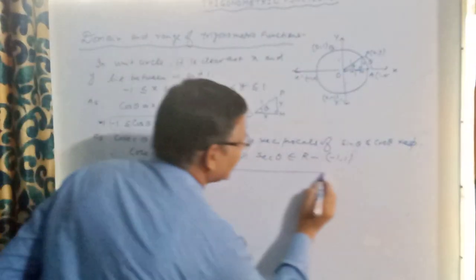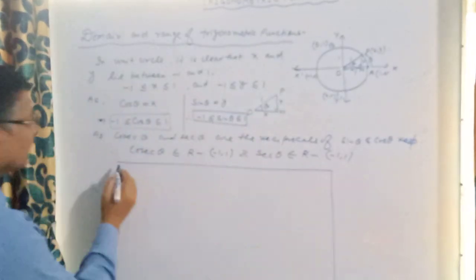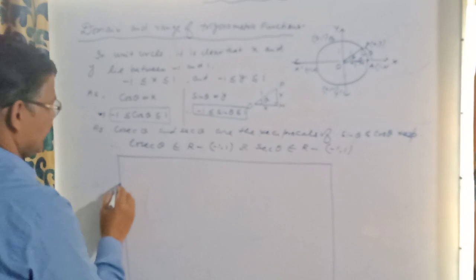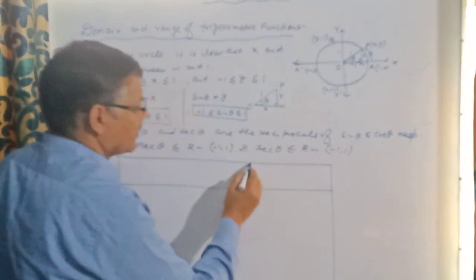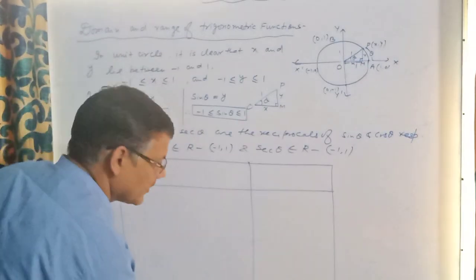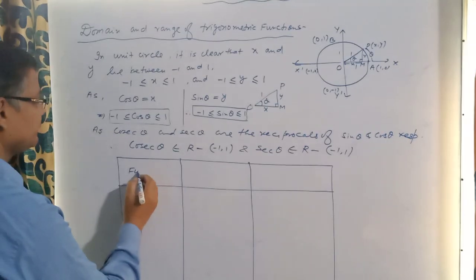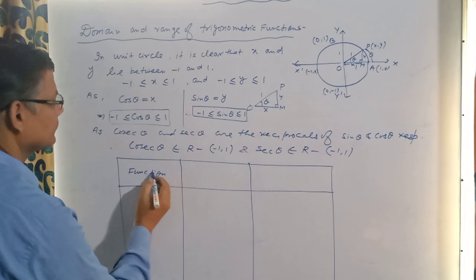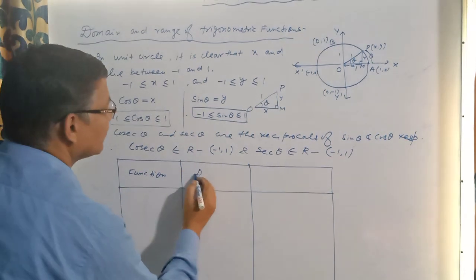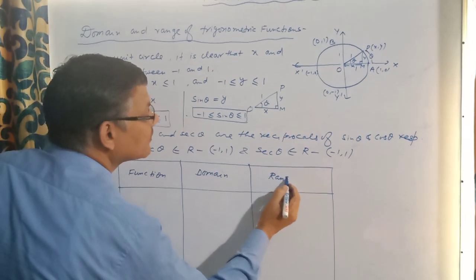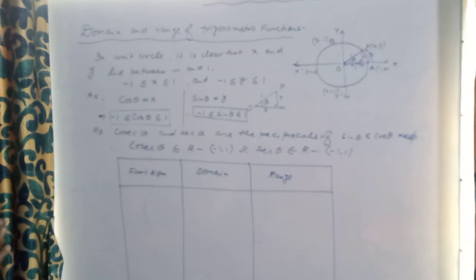So for domain and range we may make a table. Here this is the function, then the domain and the range.